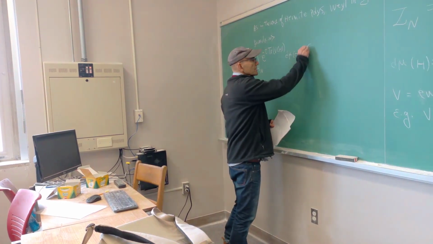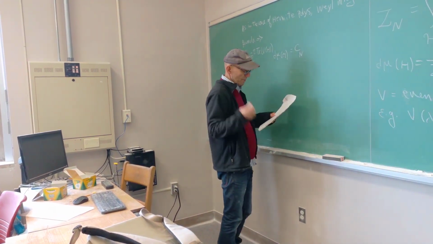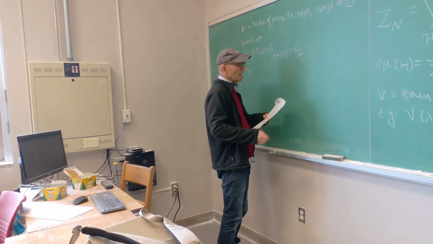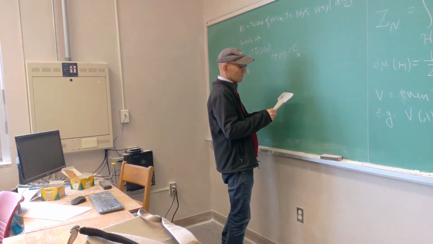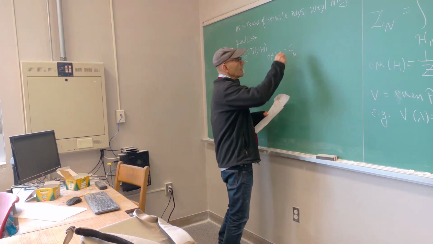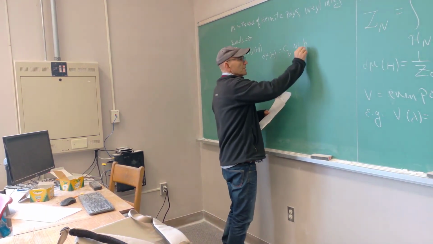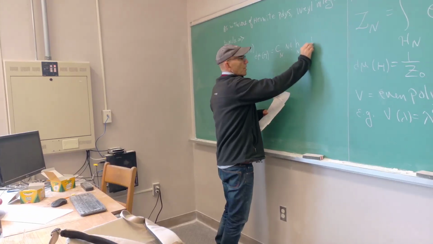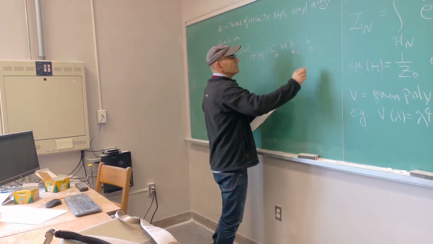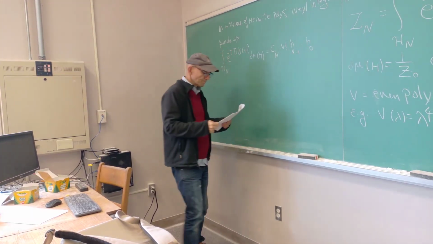This is equal to some constant C_n, which depends on the potential V, of course. I won't write that step. We just get the formula, which is exactly like the Hermite case.